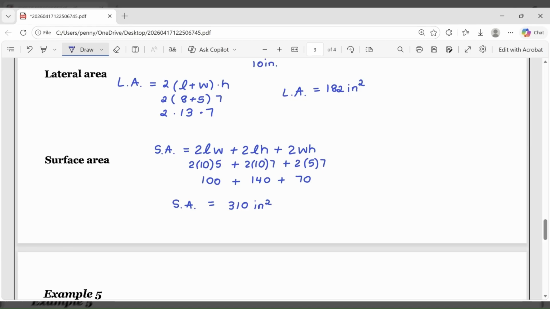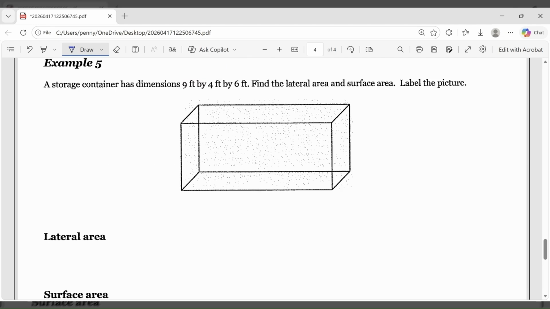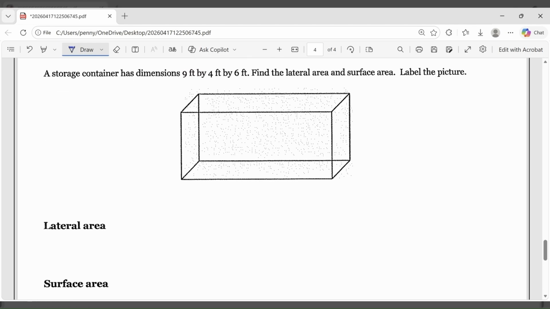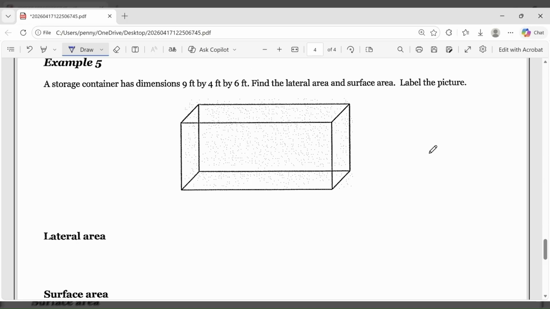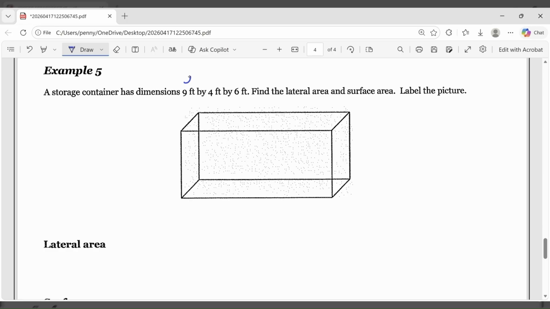Last example. A storage container has dimensions 9 foot by 4 foot by 6 foot. Whenever they give us dimensions and they don't state it, it's always length times width times height. So that tells us that our length is 9 feet.